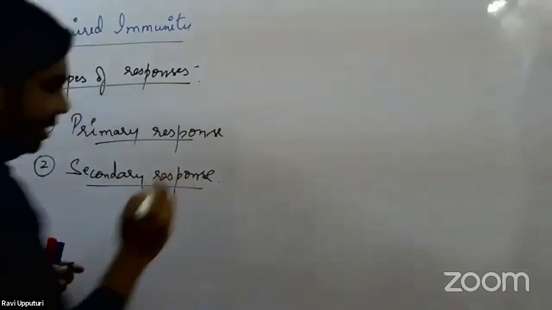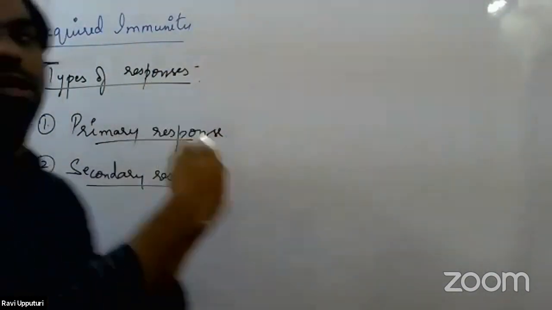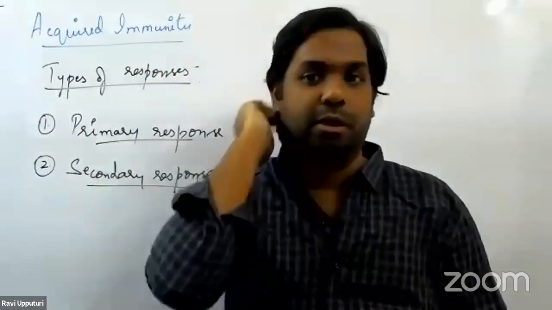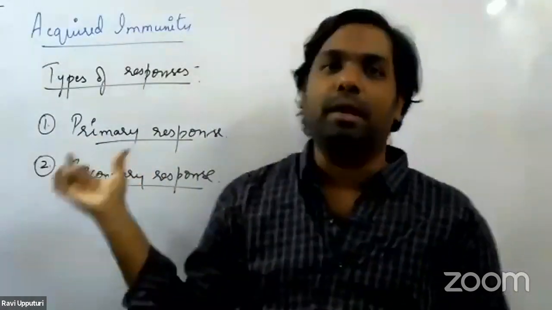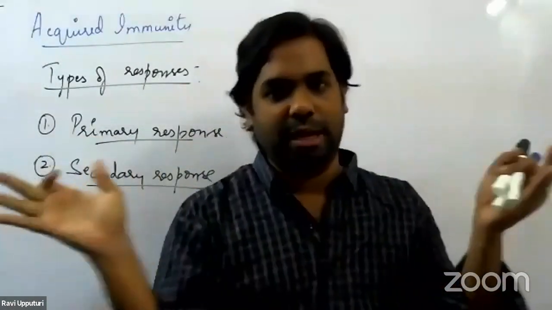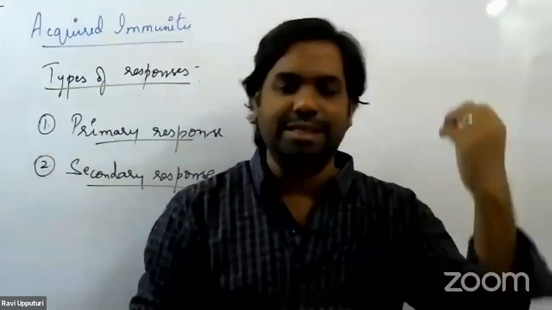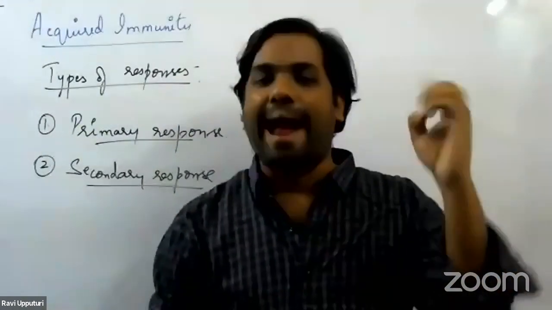Everything we have already discussed so far, the same thing we'll be discussing here again in the primary as well as the secondary immune response. What do we mean by primary immune response? Again, the same scenario continues. A particular individual is infected by a particular antigen.